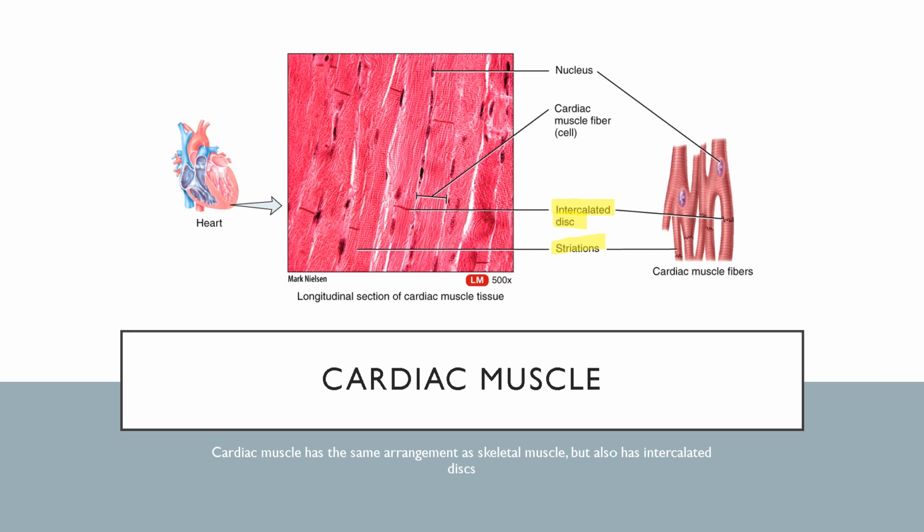Now, these are really microscopic structures that are irregular transverse thickenings of the sarcolemma, and these connect the ends of cardiac muscle fibers to one another. So you can see this right here, these connections between adjacent cardiac muscle fibers. Now, these discs contain desmosomes, which hold these fibers together, and they also contain gap junctions.